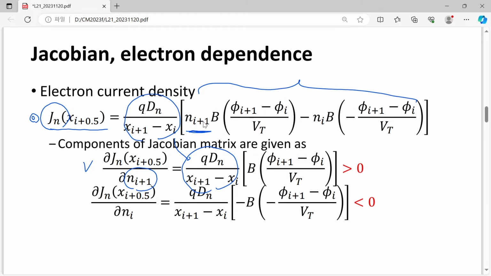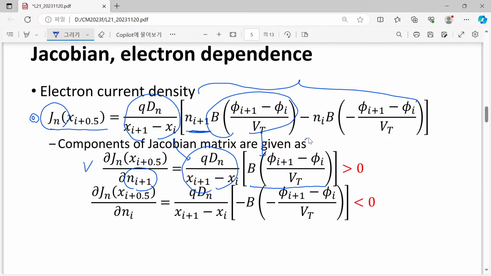So if we take a partial derivative, we will get this Bernoulli function only. This one comes here. And how about this second term? Although it also has a complicated form, since it depends only on n sub i, not n sub i plus 1, it entirely vanishes. So we will have this form. Okay, are you with me?